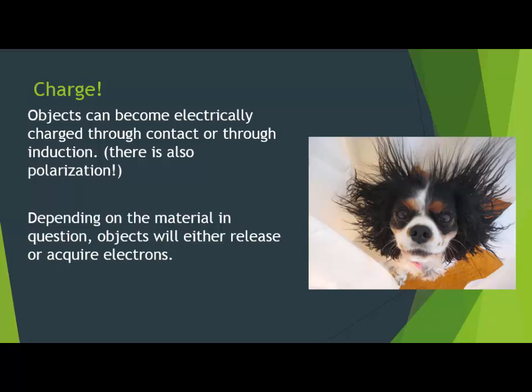A lot of the time that something is metallic, like a doorknob or a television set, or it can even be another person that will act as a conductor to accept those extra charges from you. And so you experience a slight shock when those electrons leave your body. So that is essentially how charging through contact works. We'll get into induction here in a few minutes. And this is just a funny picture of a dog with a lot of static electricity in his hair.